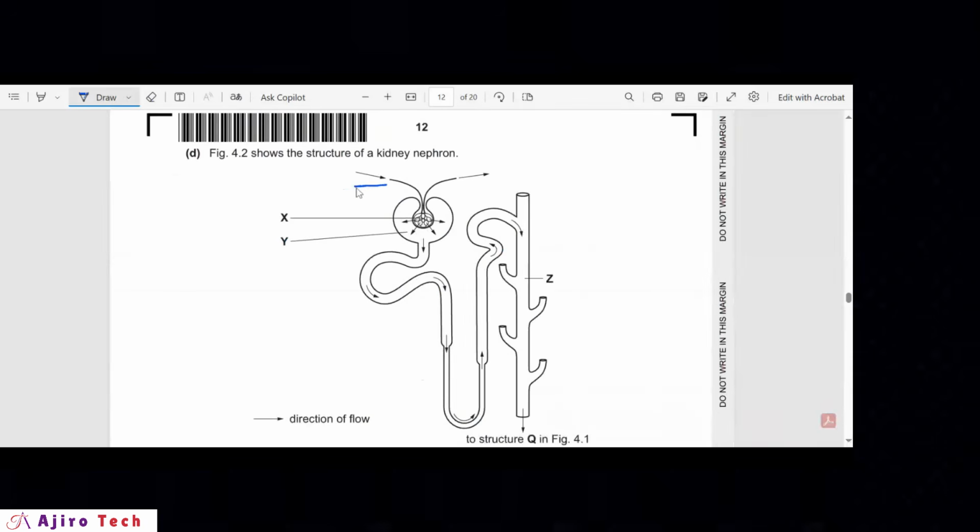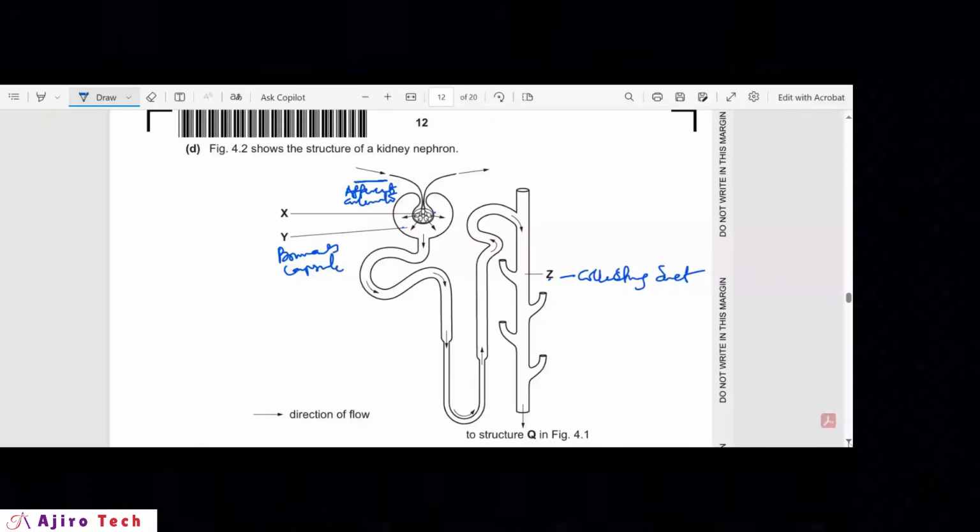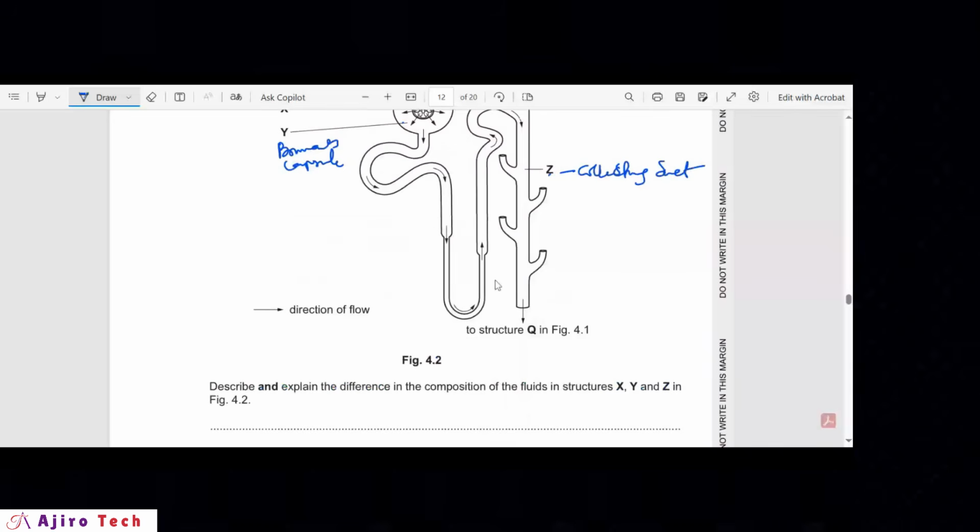This is the afferent arteriole that goes into the capillaries, glomerulus, the Bowman's capsule. This is the collecting duct. And the urine goes to the pelvis from here.